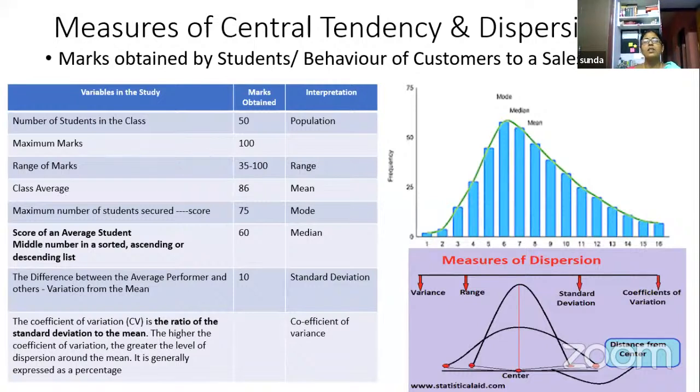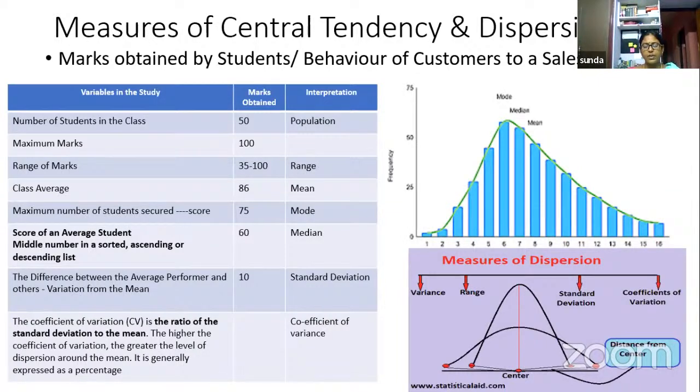So you will have some numbers with you. Those numbers need to be interpreted in a meaningful manner. In descriptive analysis, we will be describing to make meaningful inferences about the numbers we have in hand.